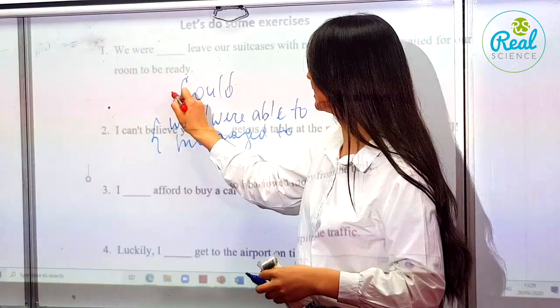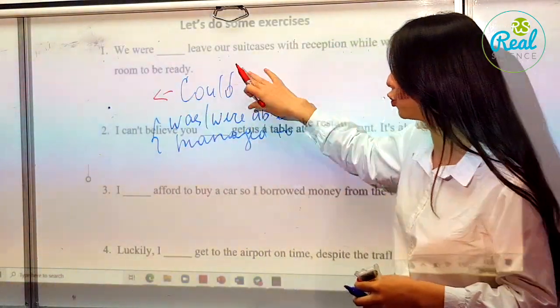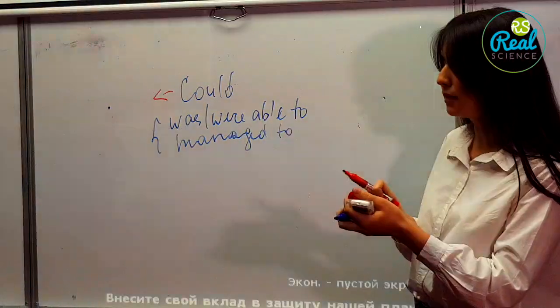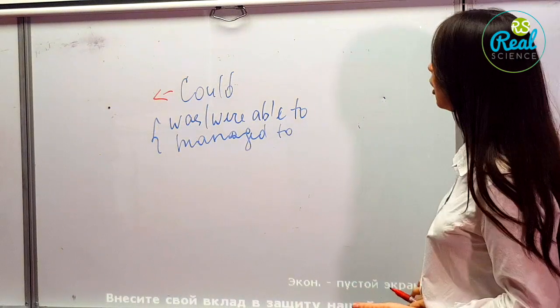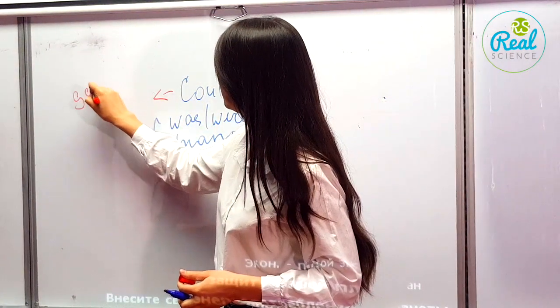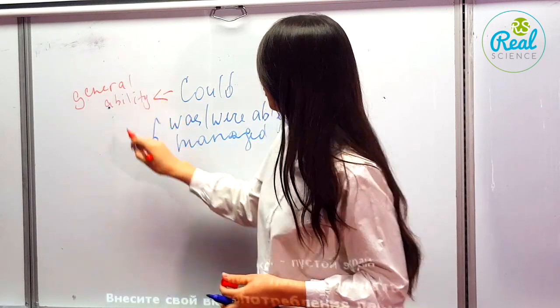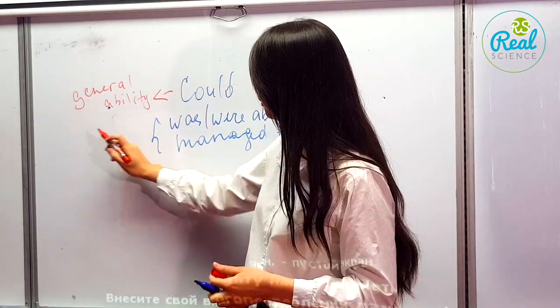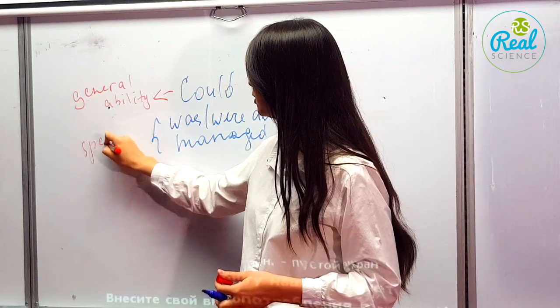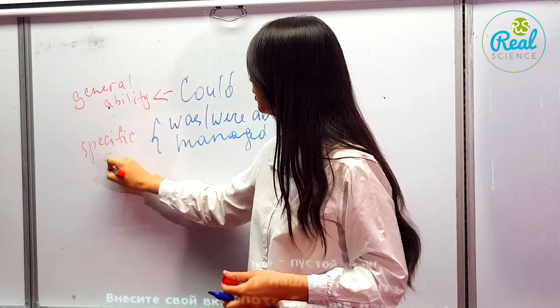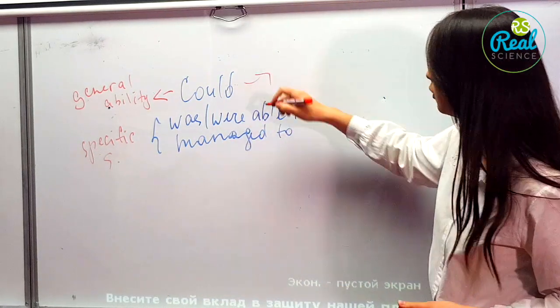So we have just one exception, could. In could, guys, we use could for general ability. We use was able to and managed to for specific situations.